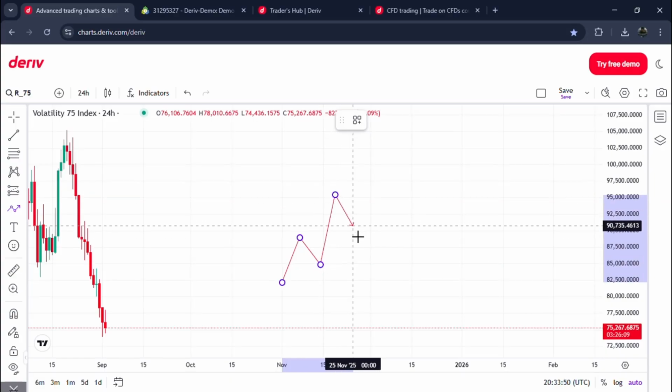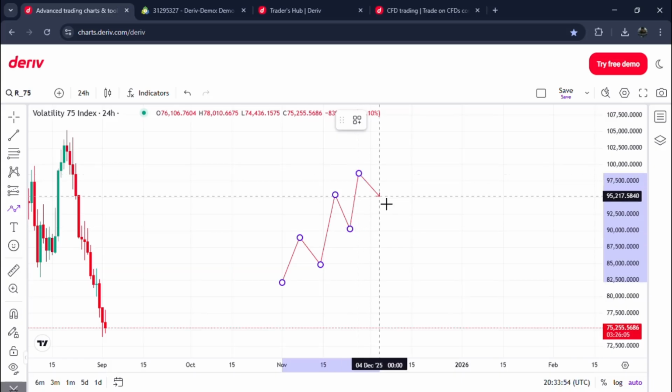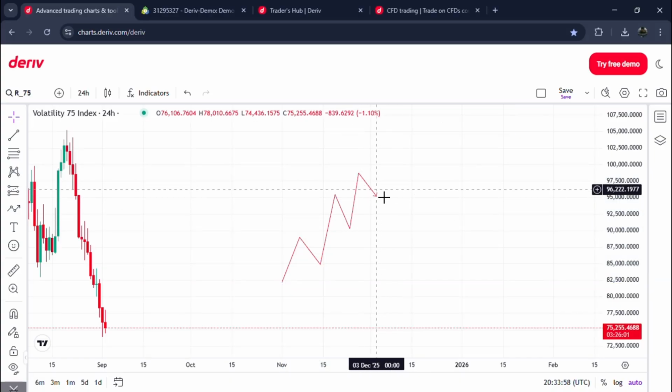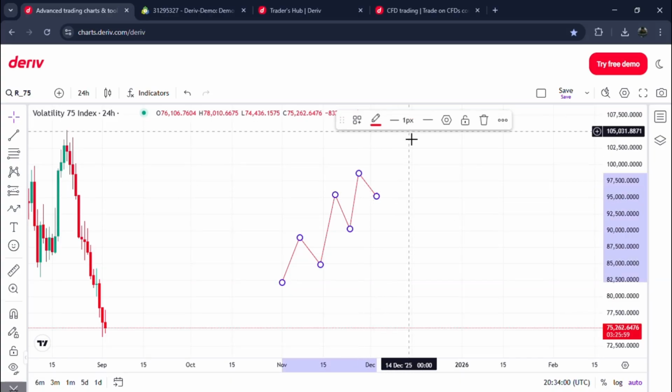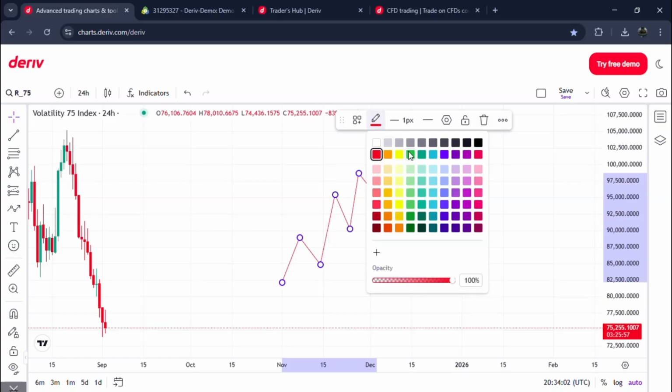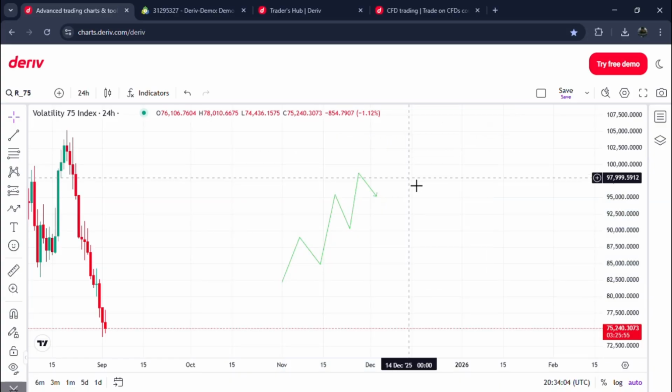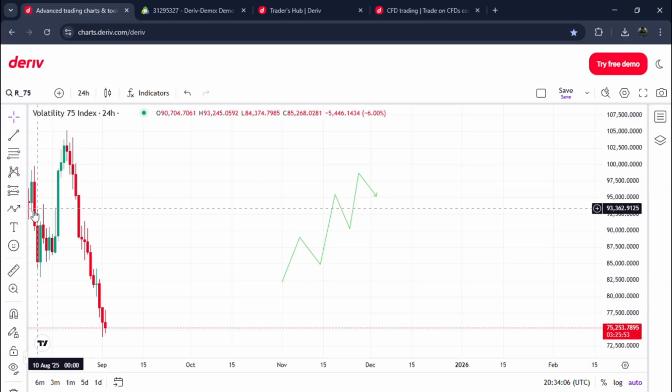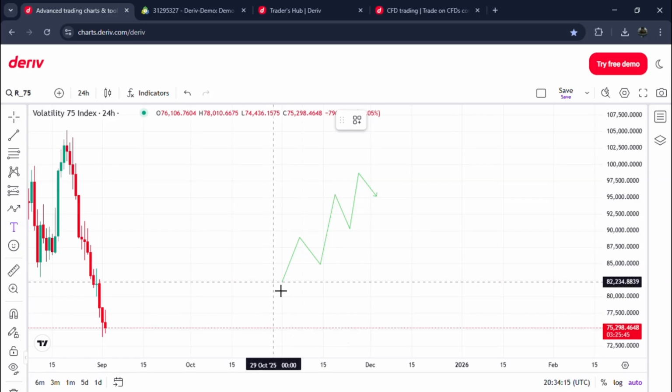Once you understand this, it will be very simple to understand the trend of a market, where the market is heading. Let me use green. For those who don't know higher highs and higher lows, this is how you identify them. First, you can label here as a low, because the market is coming from down. If this is a low, then this is a high.